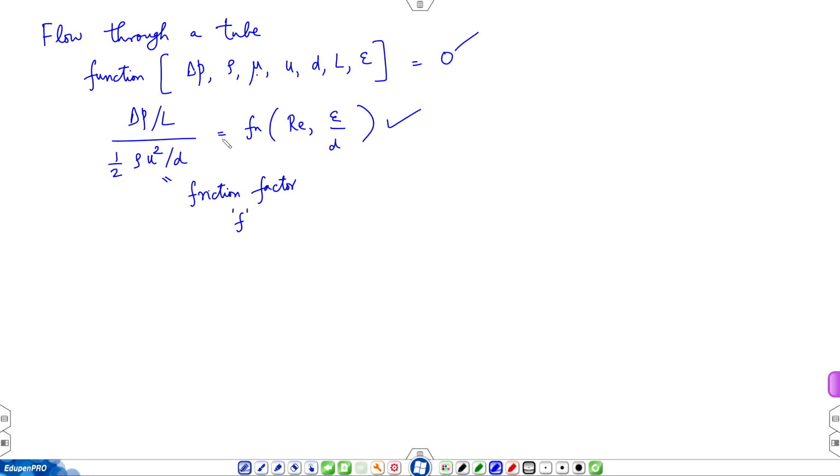But now, in reduced form, you just have to give friction factor with respect to Re and epsilon over d. So, you have compacted, or you may call it compressed. This is a compact representation of physical data.